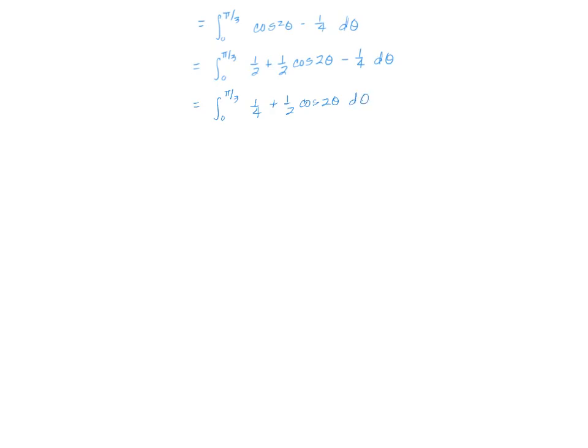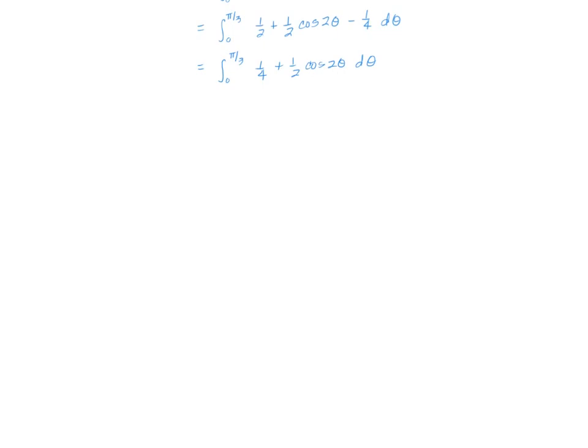At this point here, I can clear fractions if I wish, but I think I'm just going to leave them the way they are. This is going to be 1/4 theta. The antiderivative of cosine is sine, but it's sine of 2 theta over 2, which would give me a plus 1/4 sine 2 theta. I evaluate it from 0 to pi over 3.